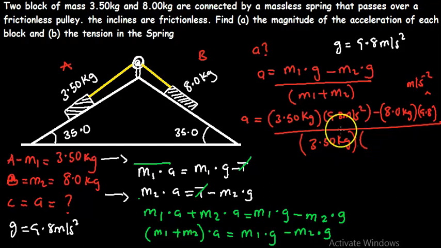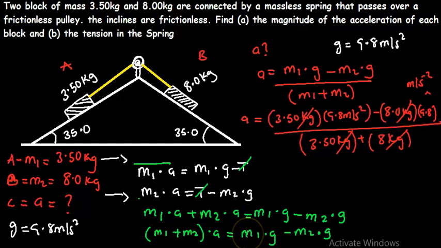We're going to add everything here, M1 plus M2, and the value of M2 is 8 kilogram. At this point, units will start cancelling out. Kilogram here goes with this kilogram.